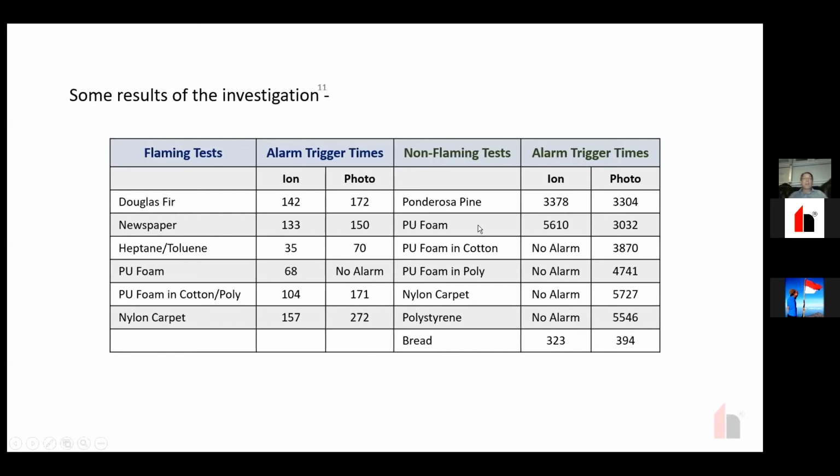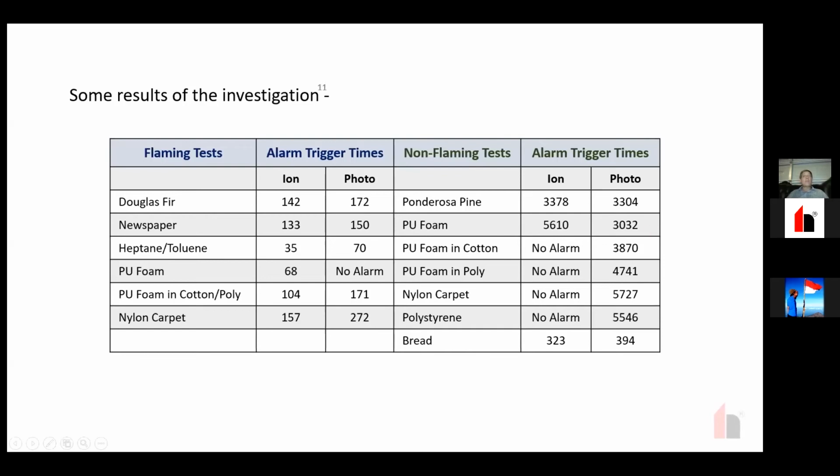And you know, even when it did detect it, take a look at this. The smoldering polyurethane foam fire in this test, the photoelectric detector did indicate an alarm after 3,032 seconds. But you may remember that the time to untenable conditions for a smoldering fire is 2,148 seconds.